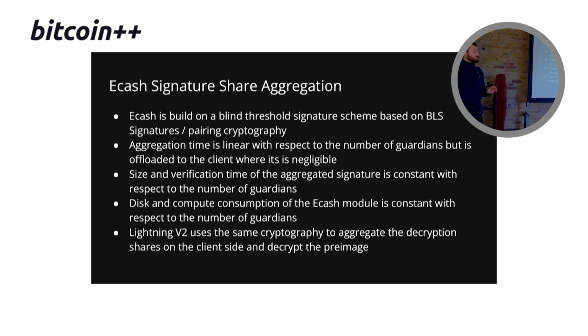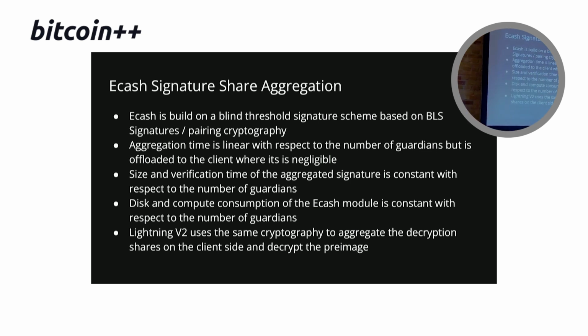Technically, we don't have one curve group anymore. We have three curve groups of prime order, and we have a non-degenerate bilinear map between two of those curve groups to the third, and we use that to build signatures that have very nice properties and don't require randomness anymore. So we have deterministic signatures.